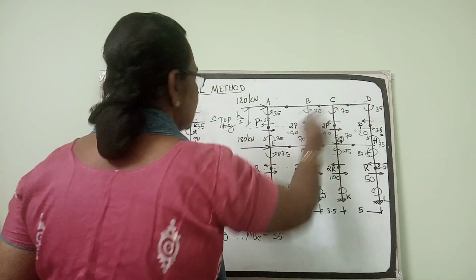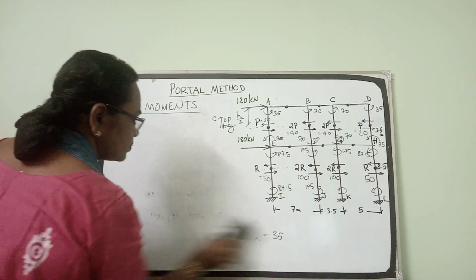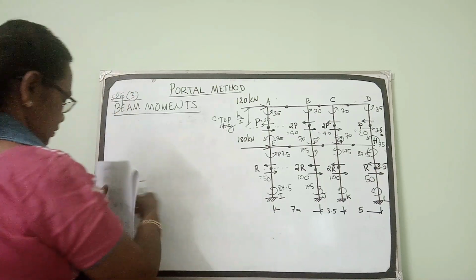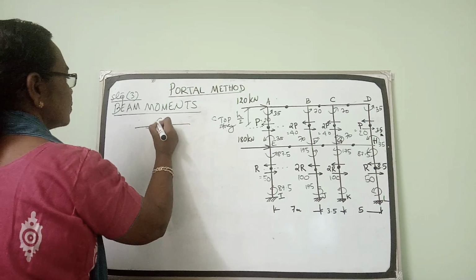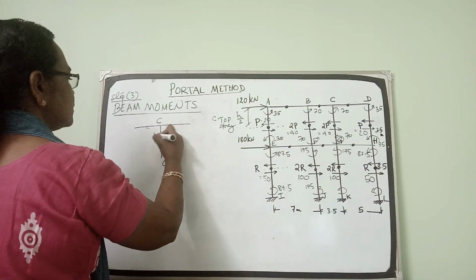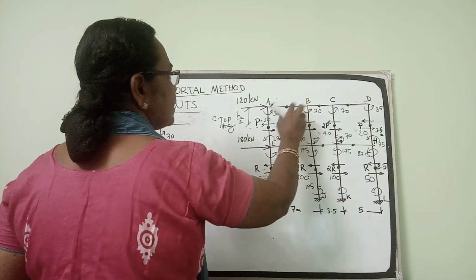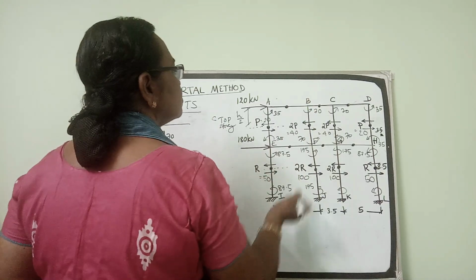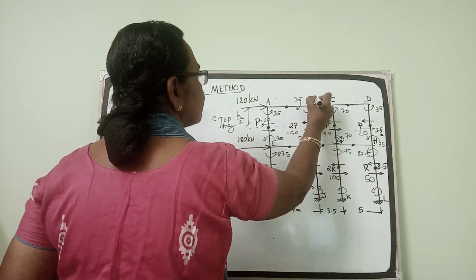Now coming to joint C. That column downwards is CG. That column moment is 70. Since you have got MBA as 35, this also we got 35.